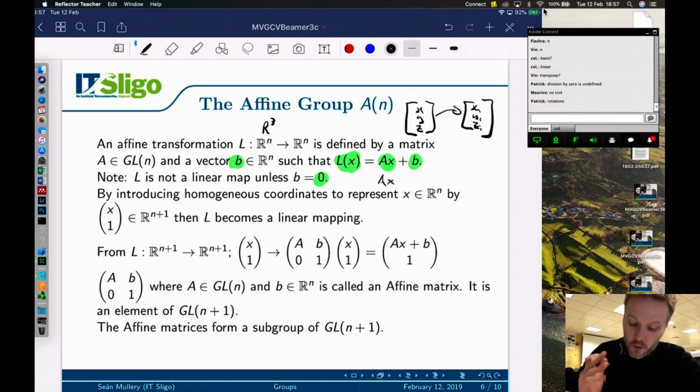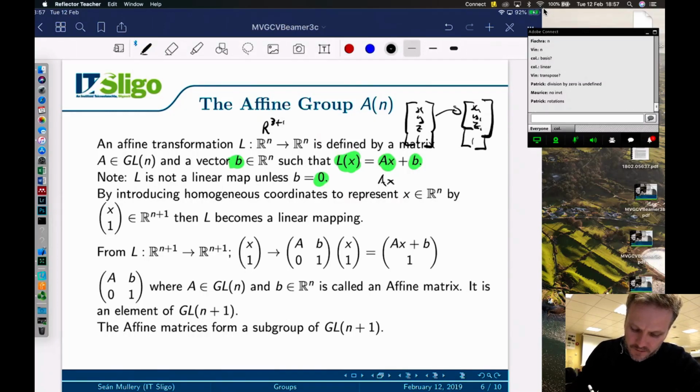Now, what we can do, again, with these marvelous homogeneous coordinates is introduce the homogeneous coordinates here like we've done. So instead of 3, we would add a 1 to it to make it a 4. And we can then have a linear mapping. So we take our x, y, and z and add a 1 onto the end of it. Same as that, we add a 1 on here.